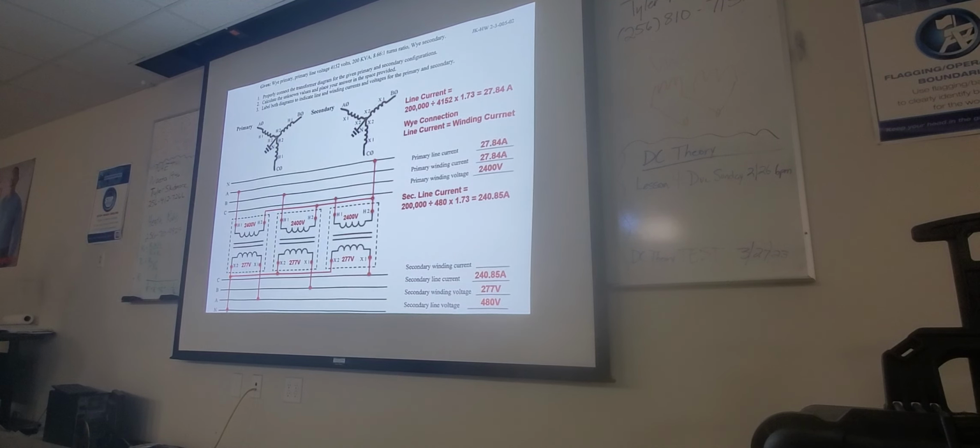A little higher. So we know that with transformers, it is a step down transformer. Your voltage is going to go down, but your current's going up, right? Because kVA in has got to equal kVA out.